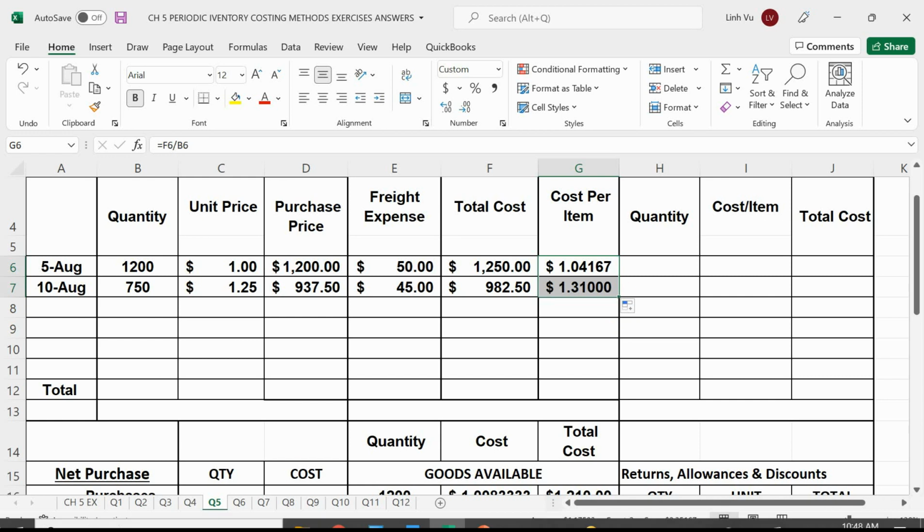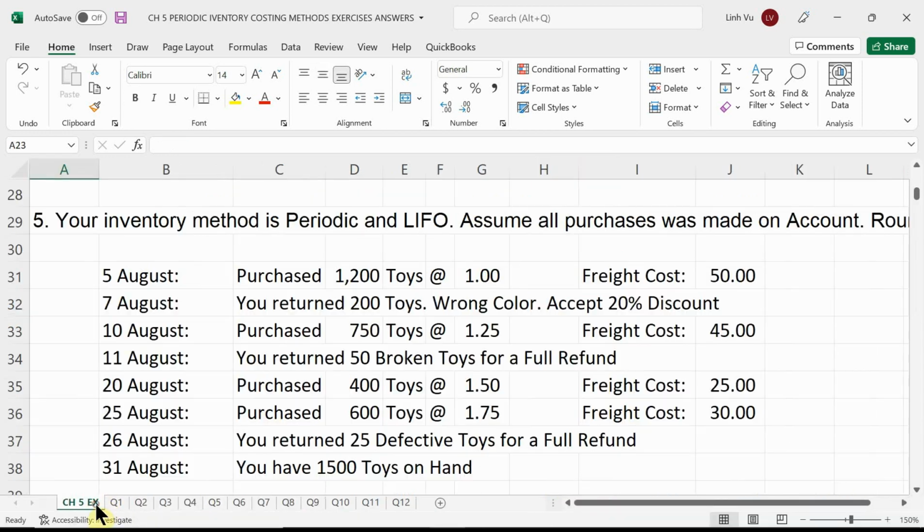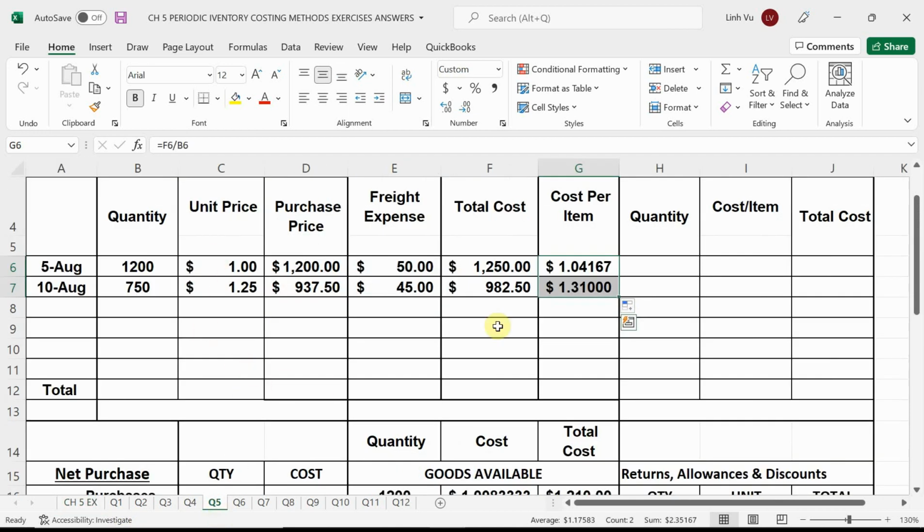Okay. So then August 11, I end up returning 50 of those broken toys for a full refund. Out of the 750, 50 of them were broken, and I got a full refund on these items.